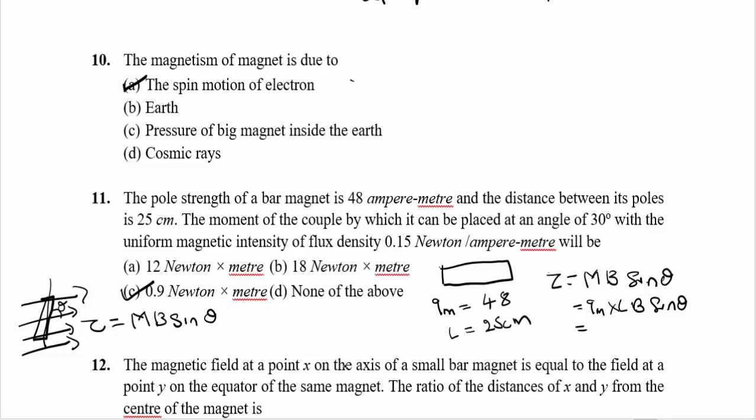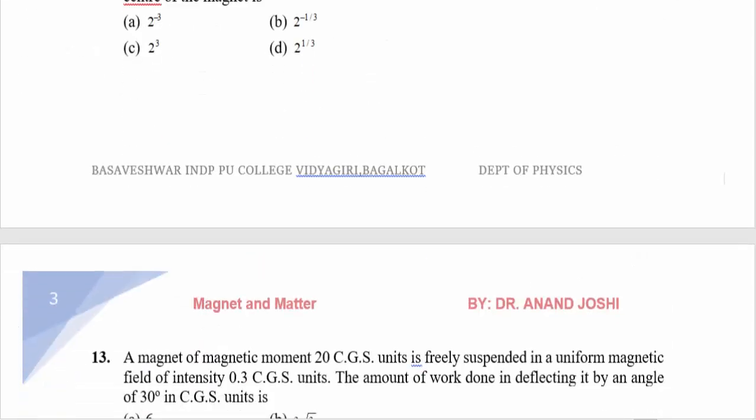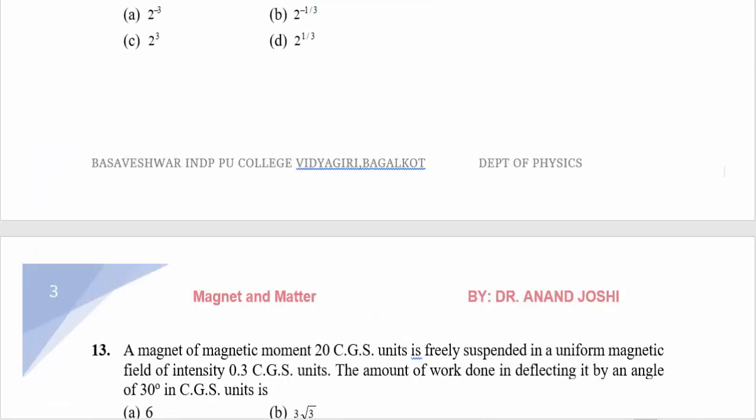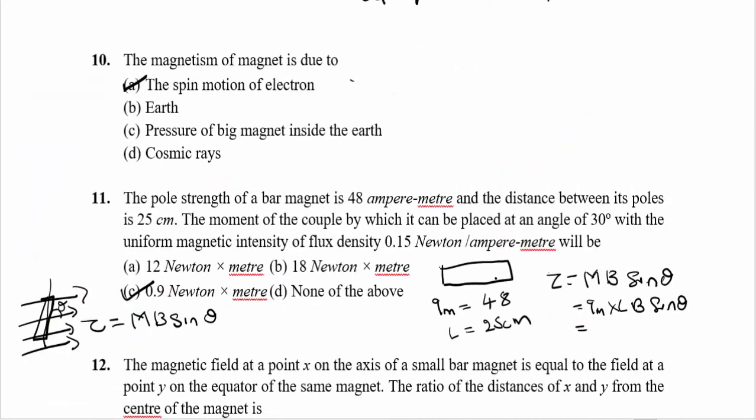Okay, next question. See here, the magnetic field at a point x on the axis of a small bar magnet, axis meaning axial line, is equal to the field at a point y on the equator of the same magnet.